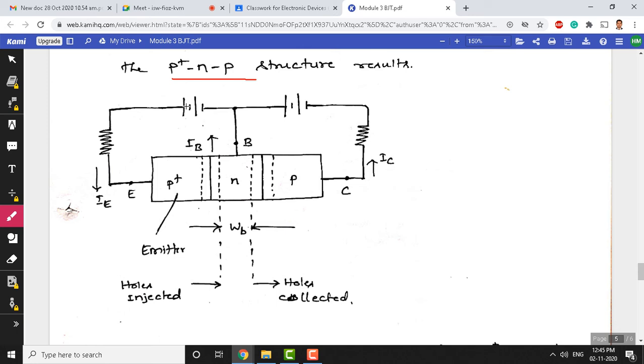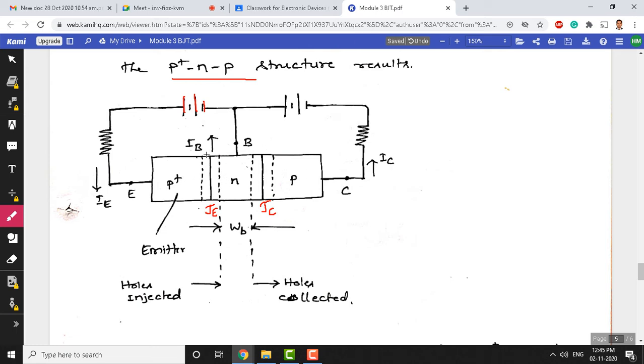Okay. And you have already seen the type of bias we apply: this is the forward biased emitter base junction, this is the emitter base junction. Okay. And this is a reverse biased collector junction here. So there are two junctions and three regions.